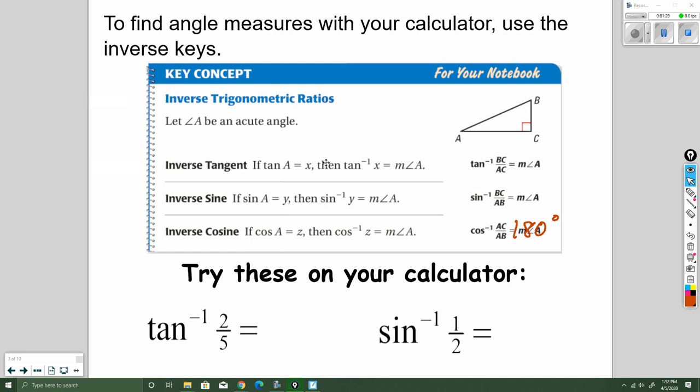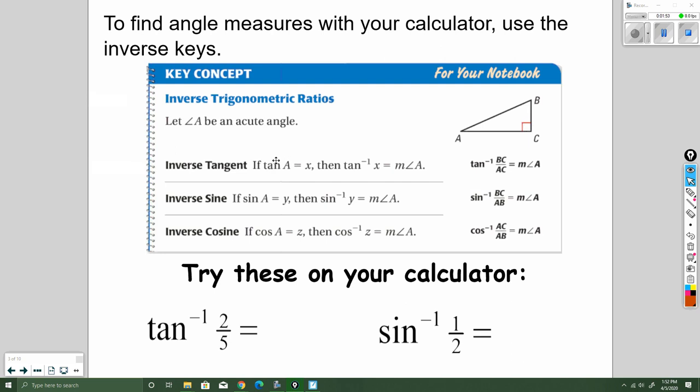First, before we talk about any of that, let's talk about what an inverse trig ratio actually does. Something we know from previous sections is, if tangent of A equals x, we know what that means. That's the ratio of the opposite over the adjacent side with respect to that angle.